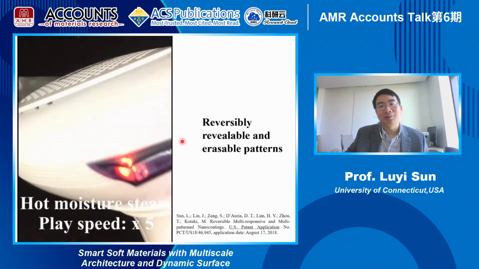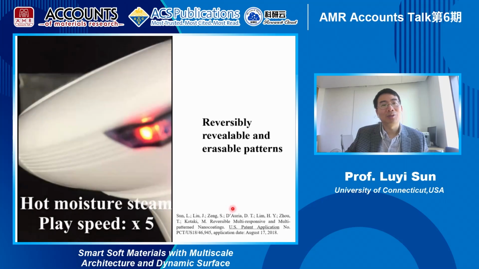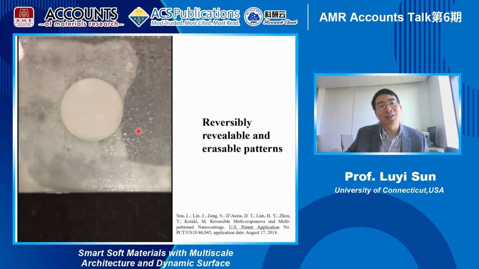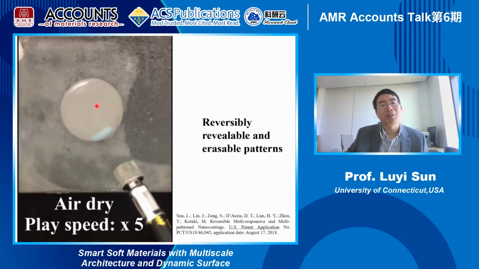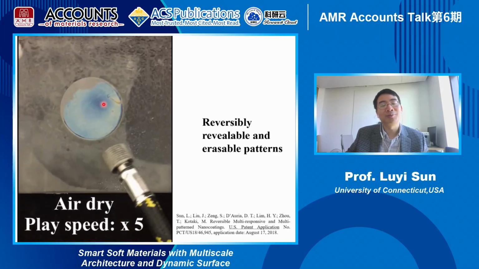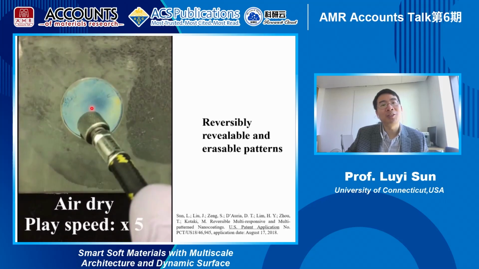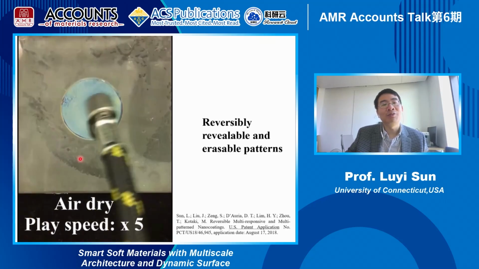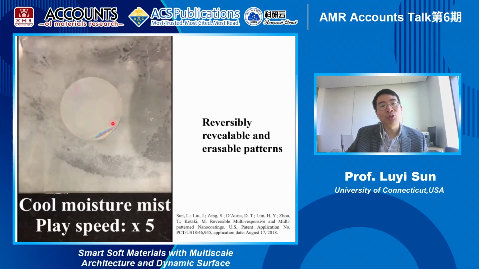But then we can also use steam to heat it. After we use steam to heat it, we dry it. And after we dry it, you will find that it no longer shows the pattern anymore. This is because it is completely decross-linked.